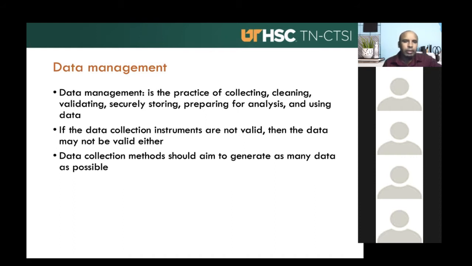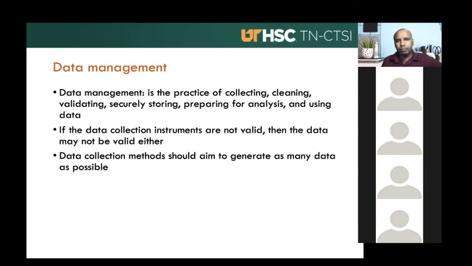Data is collected using questionnaires, as we'll see in the next slide. And if the data collection instruments such as questionnaires, surveys, and the like are not valid, then the data that's collected would not be valid either. And that means the analysis that depends on the data would not be valid either.